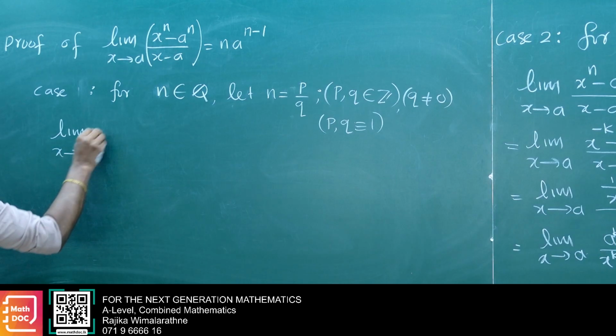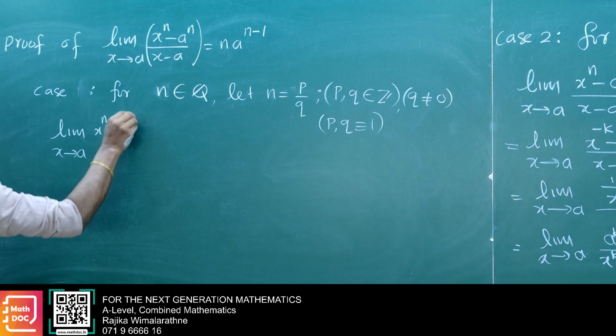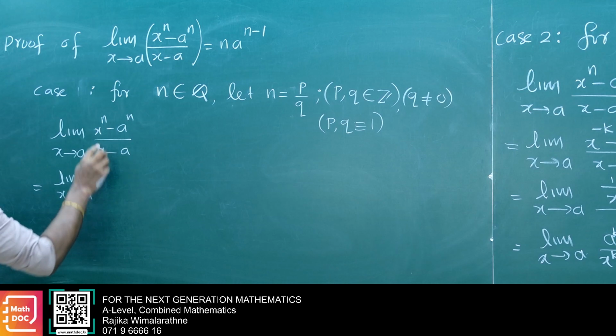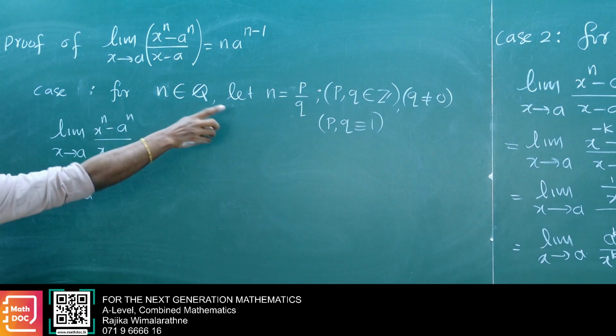Then limit x goes to a, (x to the power n minus a to the power n) over (x minus a). Limit x goes to a, now x to the power n means p divided by q.